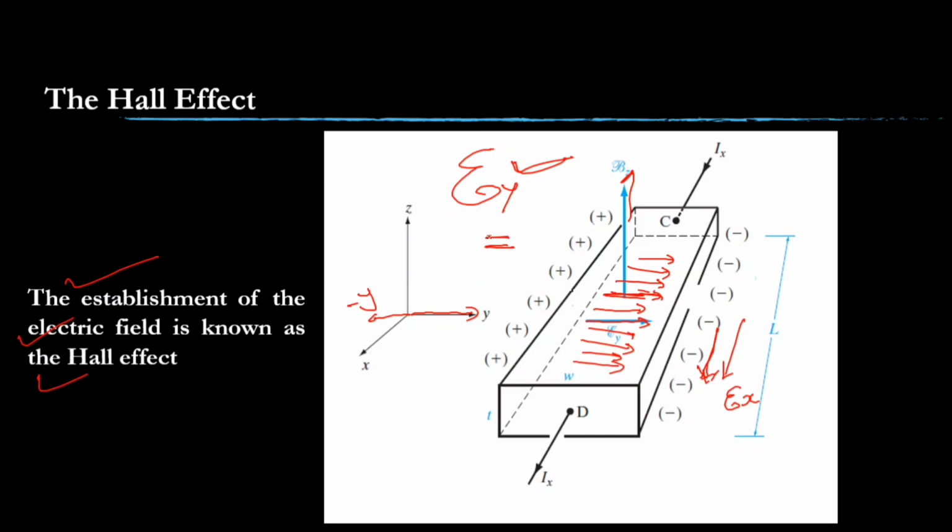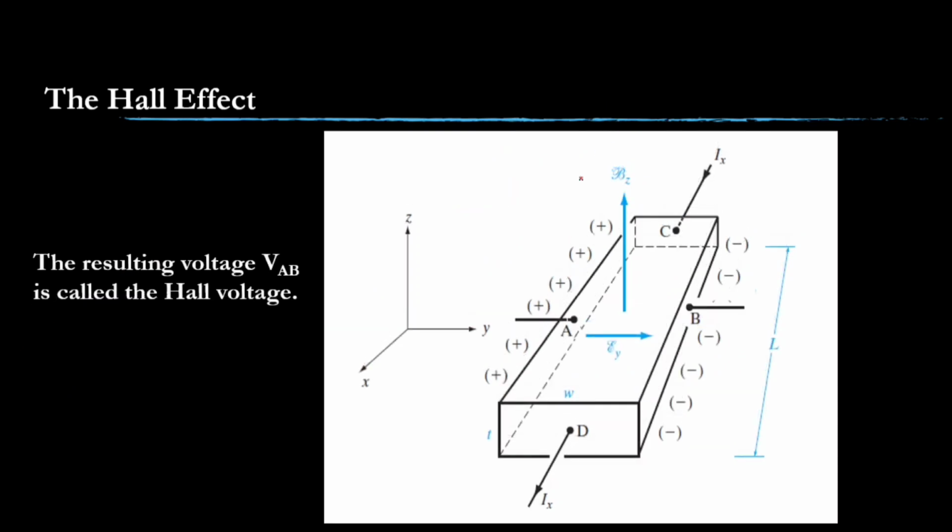That situation is known as equilibrium and steady state. Anyway, positive charge and negative charge is created. Definitely there will be a voltage difference between A and B.